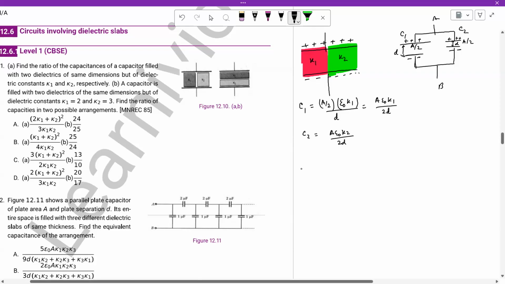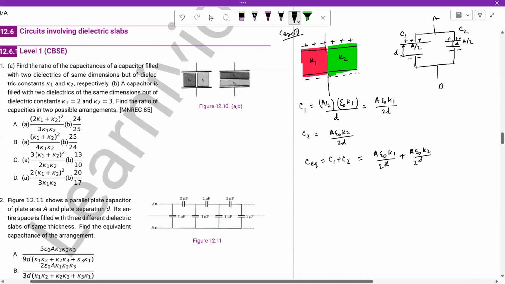And we know that the overall capacitance would be C1 plus C2, right? This is the parallel case. So this would be A epsilon naught K1 by 2D plus A epsilon naught K2 by 2D.